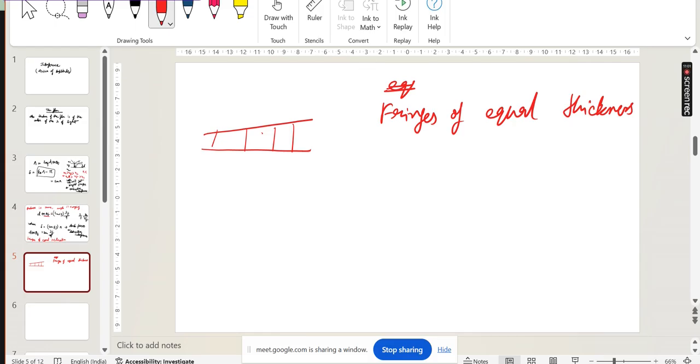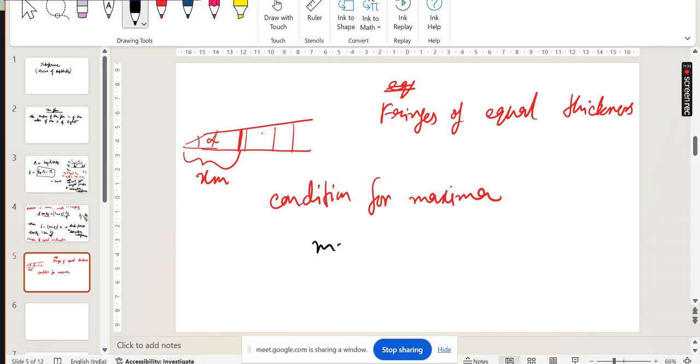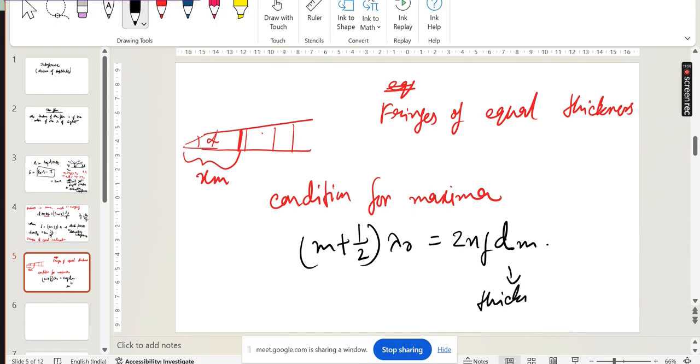For wedge-shaped films, if the apex angle is alpha and at position xm we want to see the fringes, the condition for maxima is (m plus half) lambda naught equal to 2 nf d, where d is the thickness at the edge for the mth fringe.